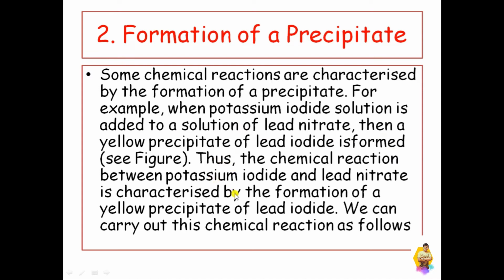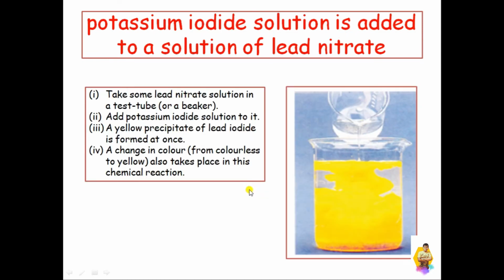A yellow precipitate, a nice yellow precipitate. This is the yellow precipitate of nothing but lead iodide. And how is it formed? We treat potassium iodide with the solution of lead nitrate, or some other solution of lead, like lead acetate.